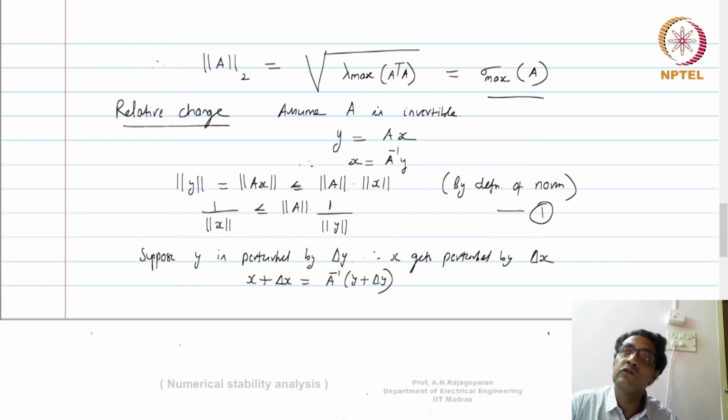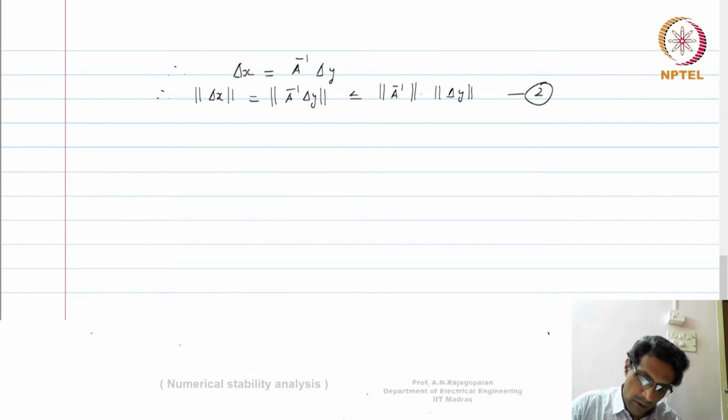Okay, multiply 1 and 2. Now, if you multiply 1 and 2, because every term here is a number greater than or equal to 0, only norms are involved, and therefore even if you multiply the left and the right hand side quantities, the inequality does not flip.